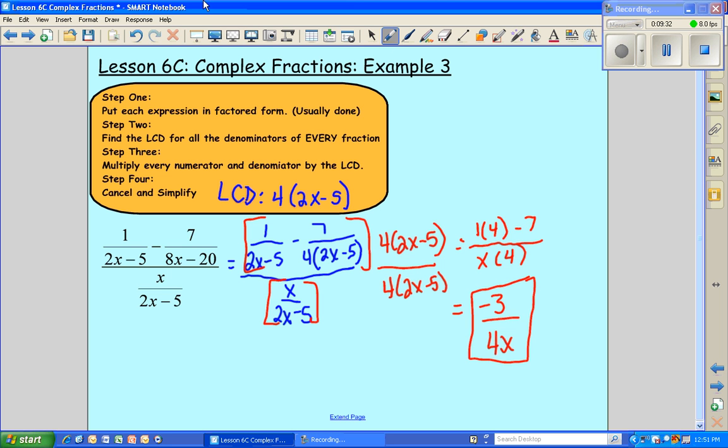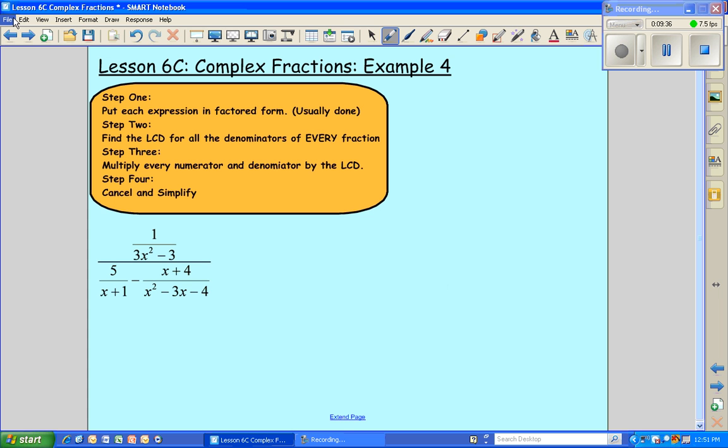All right, let's try our last example. Okay, let's look at this one, see if there's anything that can be factored. Now this one's got some GCFs, some difference of squares, and some trinomials. So if you look at the top and you factor out a 3, that's going to leave you with an x squared minus 1, which factors as x plus 1, x minus 1.